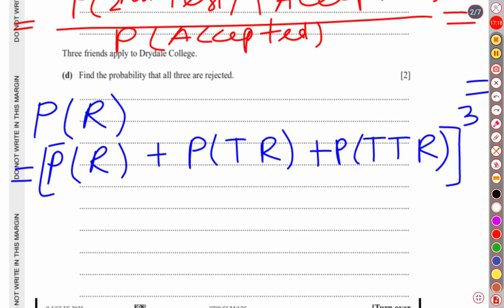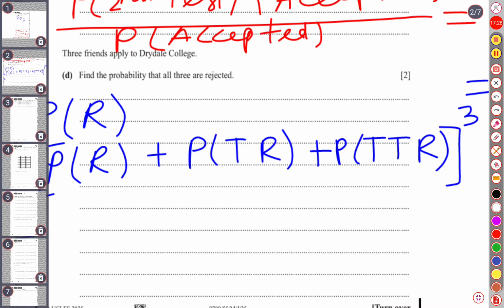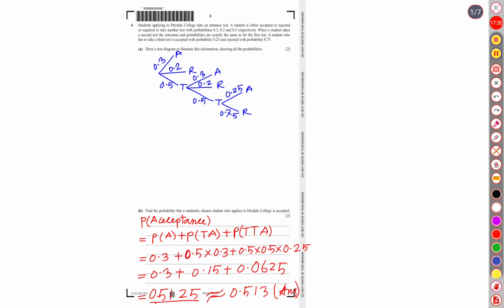So let us see what was the rejection of the first case. For rejection in the first case, it was 0.2, isn't it? Rejecting in the first is 0.2, second one is also 0.2, third one was 0.75.